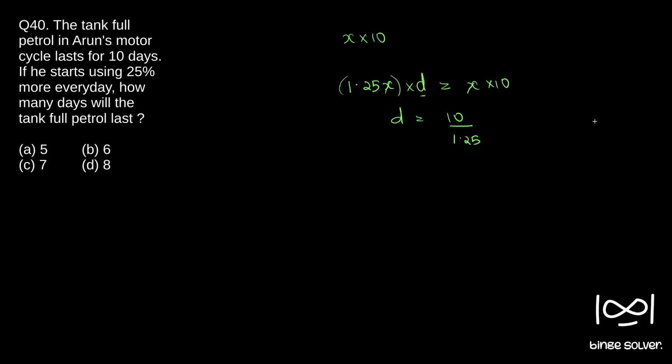In fractions, 1.25 is 1 plus 1 by 4, or 5 by 4. So we can write this as 10 into 4 by 5, which is 8. So 8 is the correct answer. D is the solution to question 40.